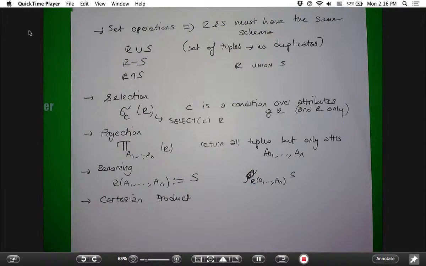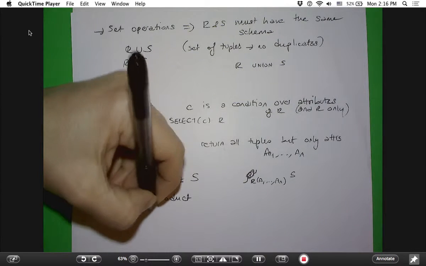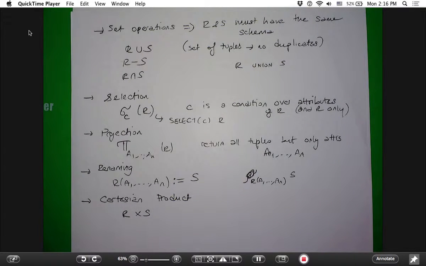But if you want to actually compare tuples from two different relations of different types of objects, we use Cartesian product. This is where we get a little bit picky, that we want R and S to have completely different sets of attributes, different names. Just so that if I say attribute A is equal to B after this, there's only one attribute A and one attribute B, right?